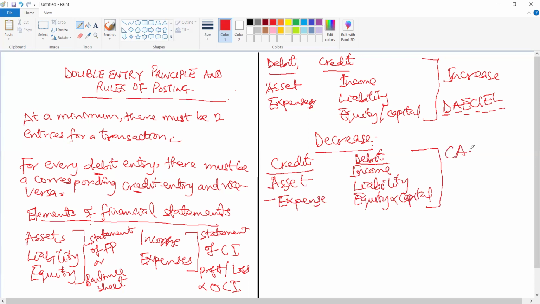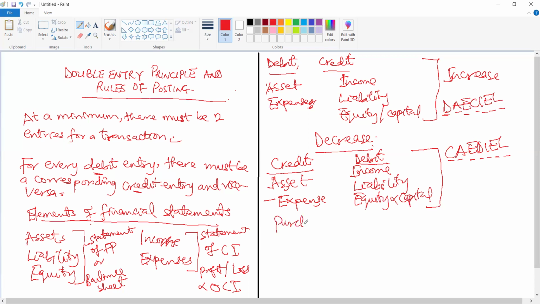I call this one IDEAL. My credits reduce assets, my credits also reduce expenses. My debit reduces income, equity, and likewise it also reduces my liability. Now, let me just give one example.